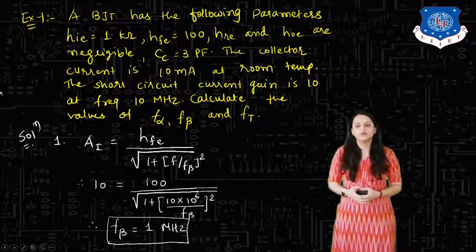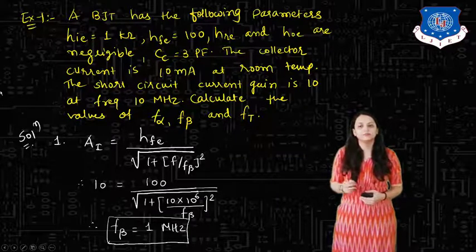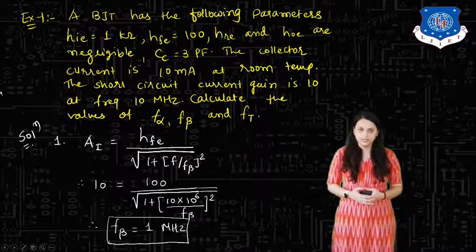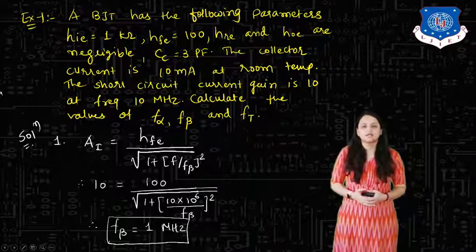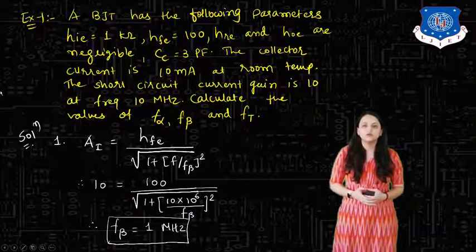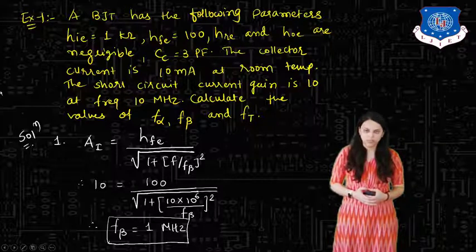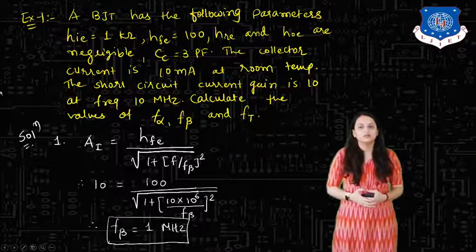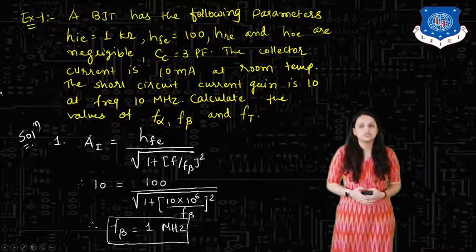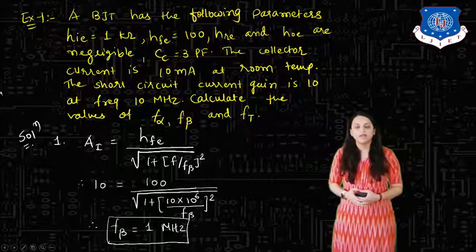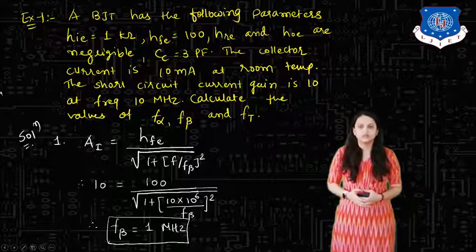First, the value we are going to find is f beta. For that we use the formula of current gain, which is given as Ai equals hfe divided by the square root of 1 plus (f by f beta) square. We have the value of current gain, which is 10, and the value of hfe, which is 100.